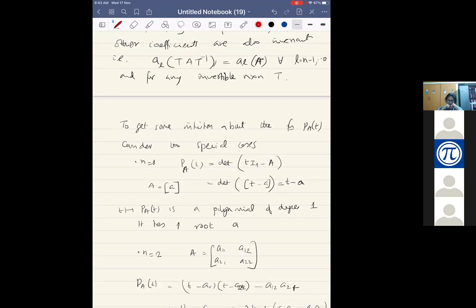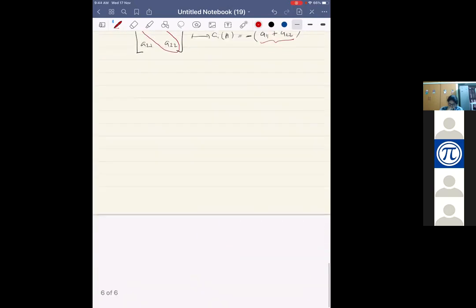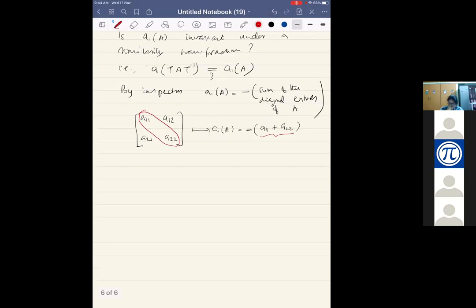These two matrices have the same values of all these coefficients, not just the determinant. That is what I have claimed. And now I want to check this claim for the case of 2 by 2 matrices, where we have identified the coefficient a1 as minus the sum of the diagonal entries of the matrix. So the question is: is the sum of the diagonal entries of a matrix invariant under similarity transformation?